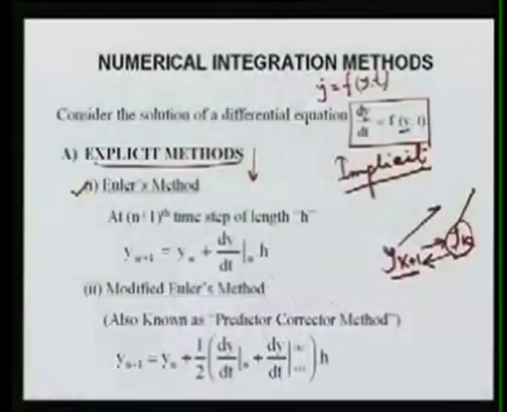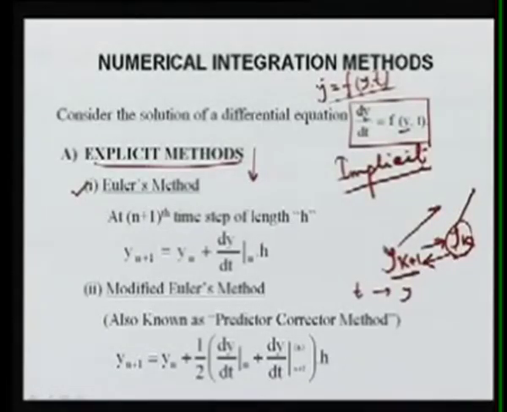So let us take here a simple variable y, that is y dot is equal to f of y, t, a function of y and t. We want to solve for the value of y at different values of t, so that we can plot it and know the nature of this function.